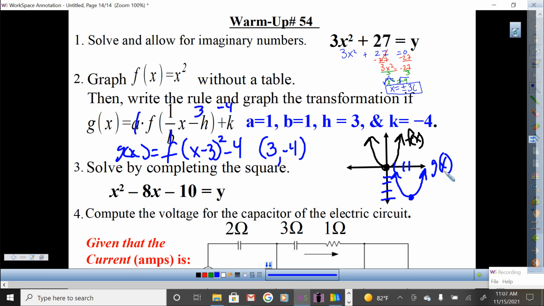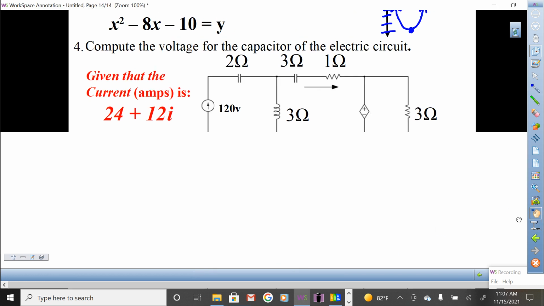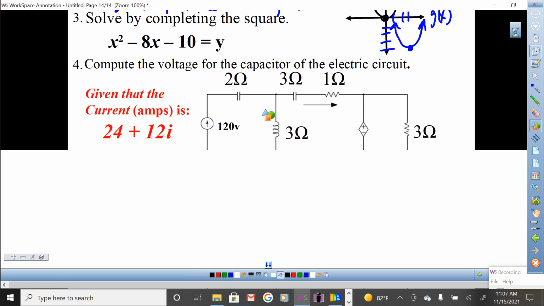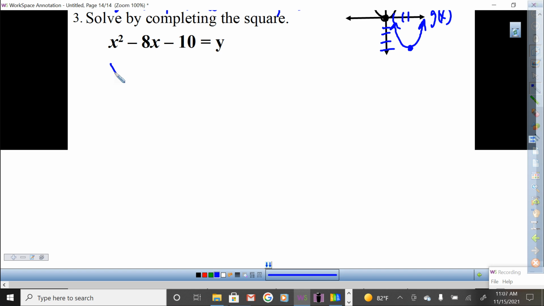All right, let's go to number 3. We've been doing these already for a while, completing the square, yes? I'm going to go through the process just to make sure we have the process down. First things first, set it equal to 0. Next, divide by the leading coefficient. What's my leading coefficient?